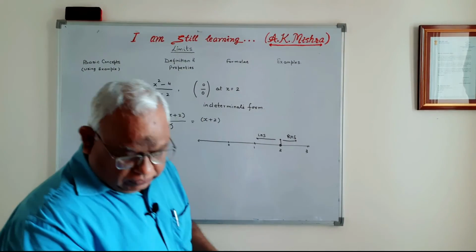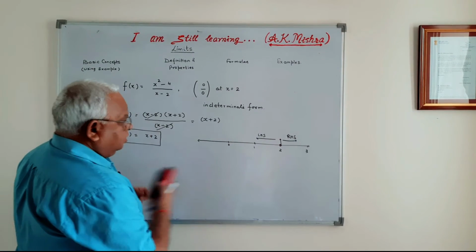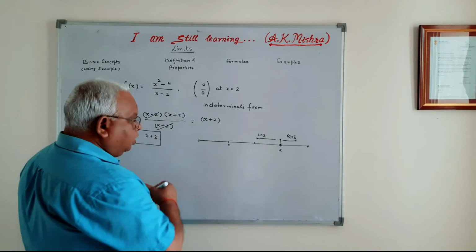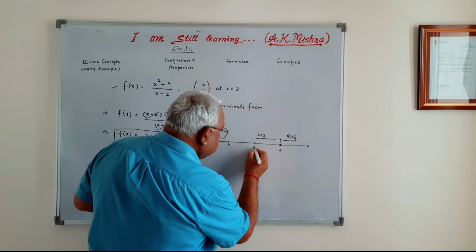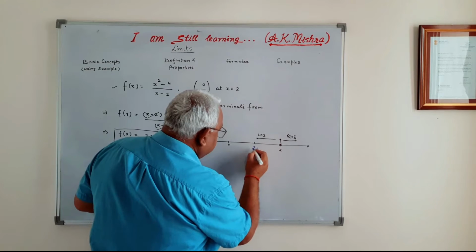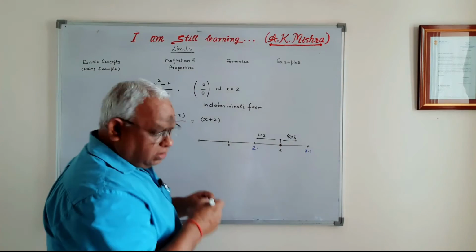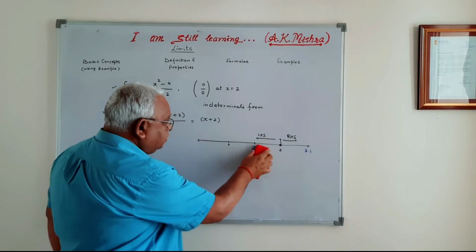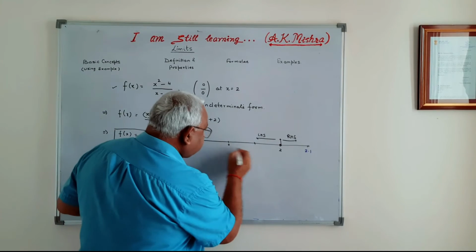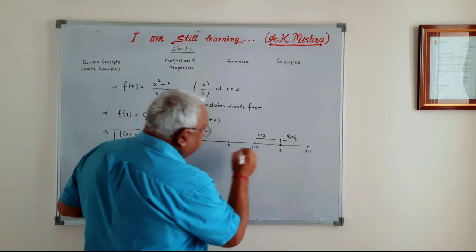Now let us define the value across 2 as 2.1 on the right hand side and 1.9 towards the left hand side.